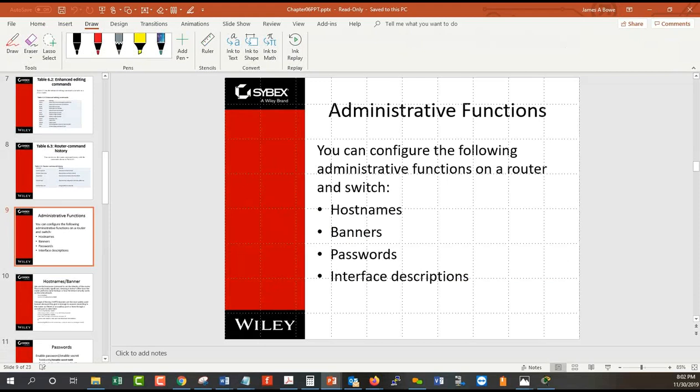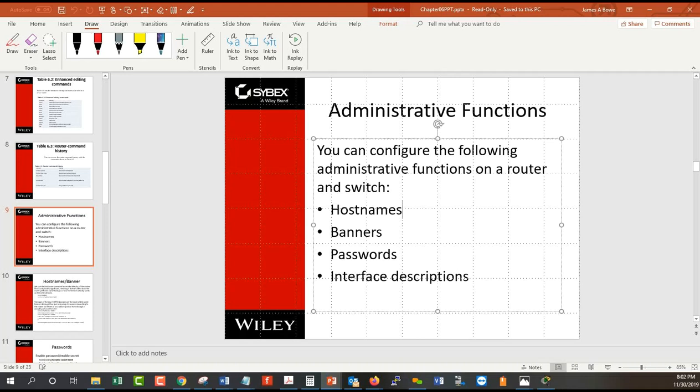Okay. Host names, banners, and so on. What do we got here? Yes, we use the configuration register for breaking into the router. And I don't think I'm going to have you go through that process. I'm not going to ask you to break into a router. But I may ask you, what is the command to change the configuration register?